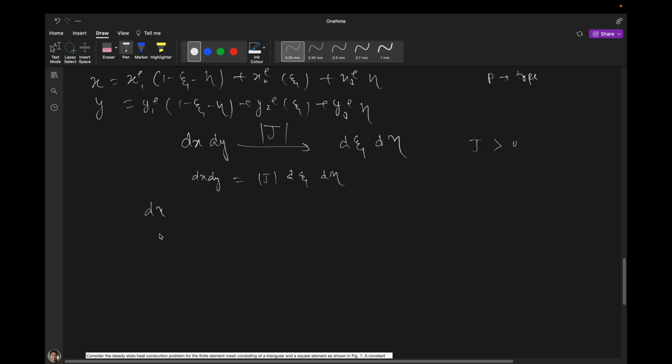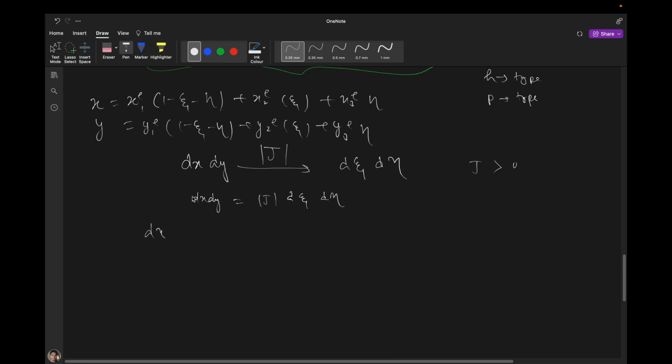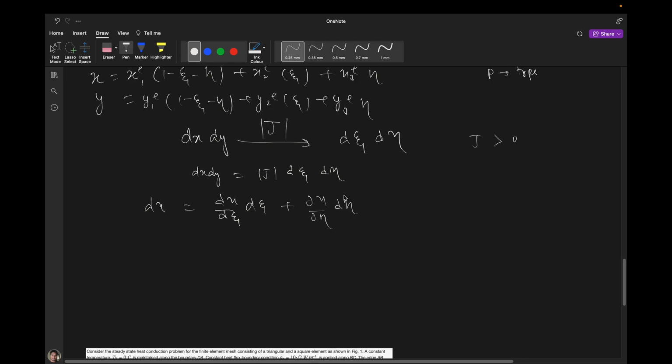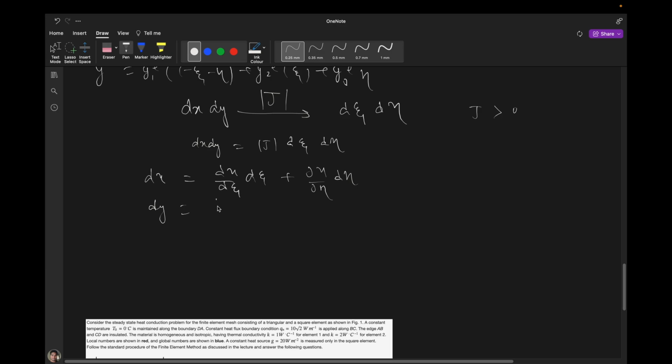There is also a need to change dx and dy in terms of d xi and d eta. In that case dx can be written as del x by del xi d xi plus del x by del eta d eta, and similarly dy can be written as del y by del xi d xi plus del y by del eta d eta.